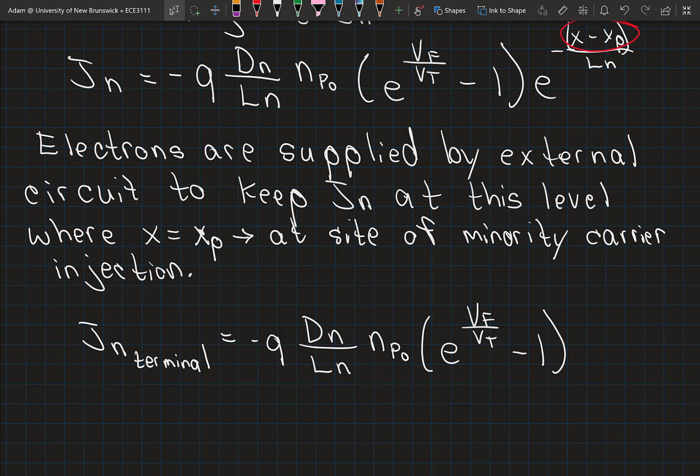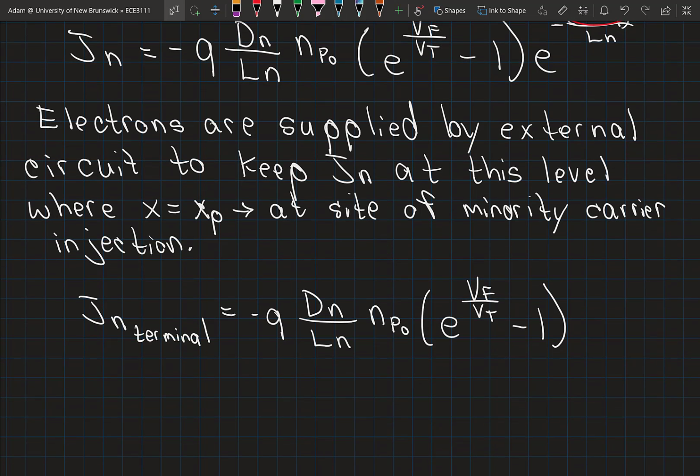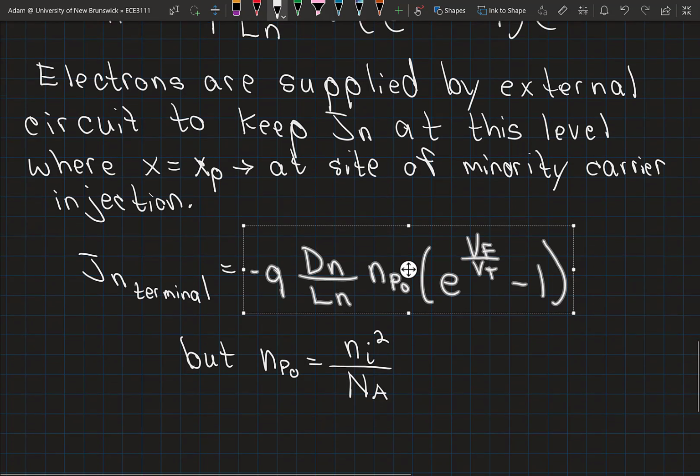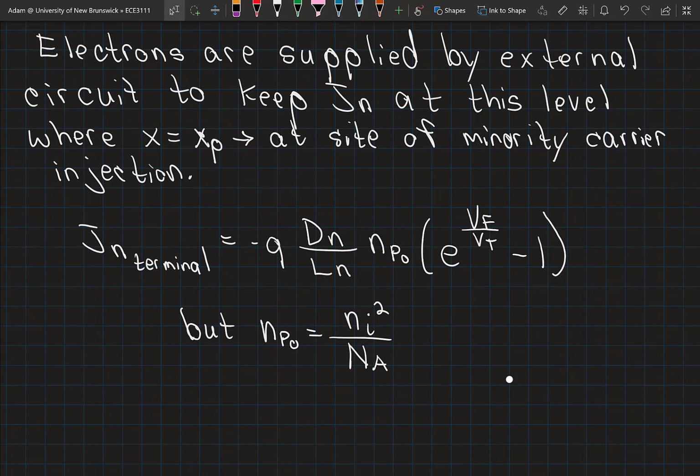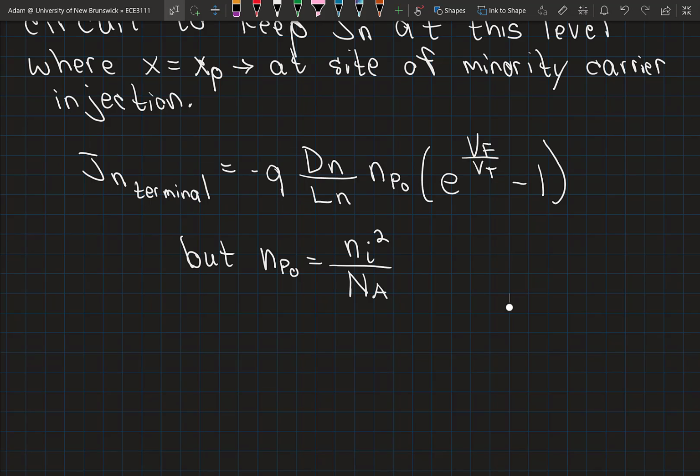Okay, the minority carrier concentration, we will remember, is equal to my intrinsic concentration squared divided by my concentration of my acceptor atoms, at least in the p-type material.